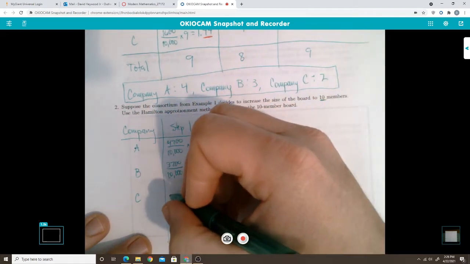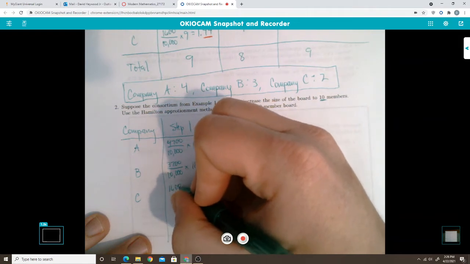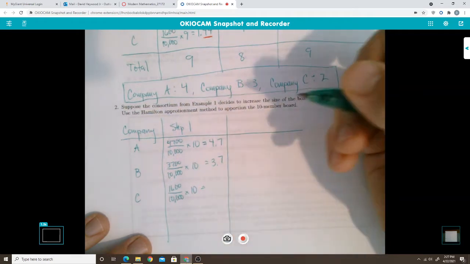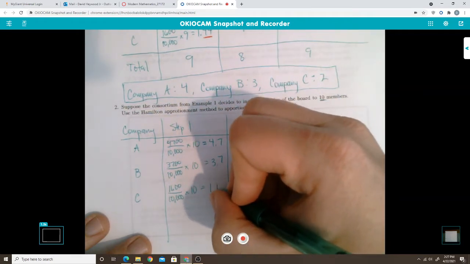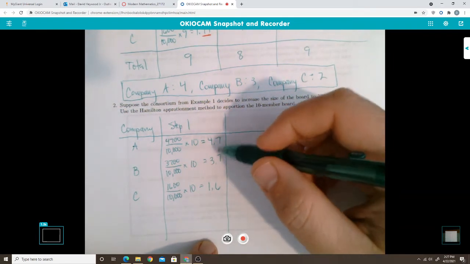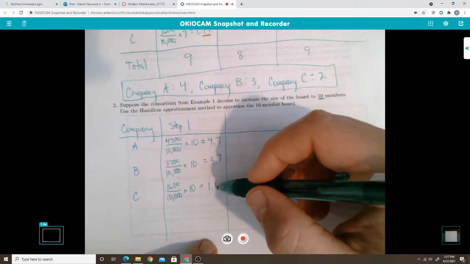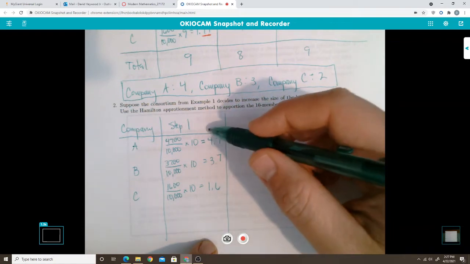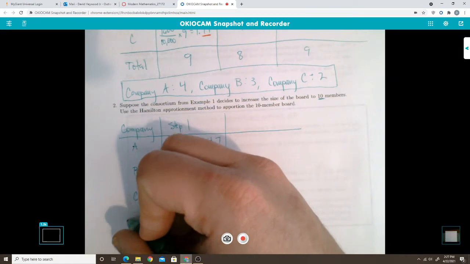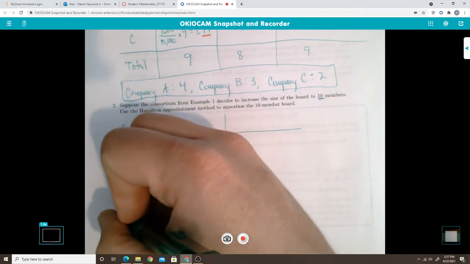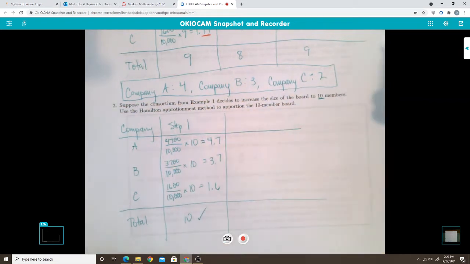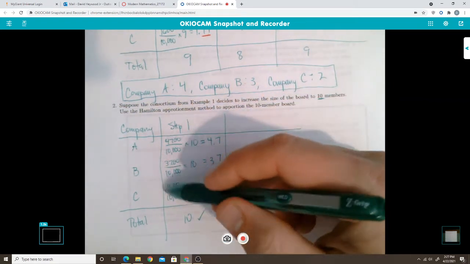And then for company C, it would be 1,600 out of 10,000 times 10, and that comes out to 1.6. So if you add these up now, 7 plus 7 is 14, plus 6 is 20, so it's a 0, carry the 2, 7, 8, 9, 10. You would get 10, which is good. That's what we're aiming for. So this is just a way to check our work.